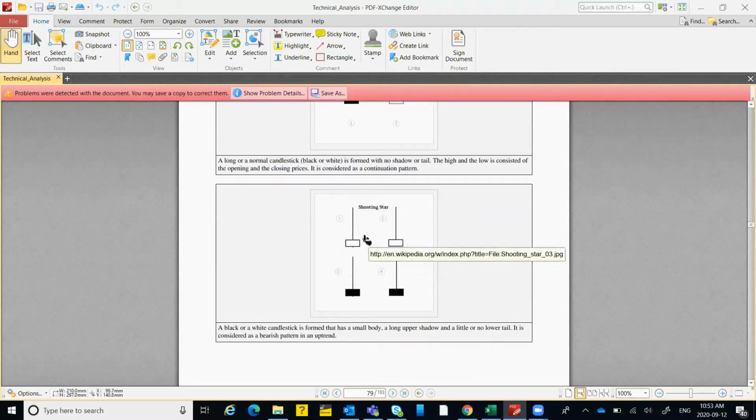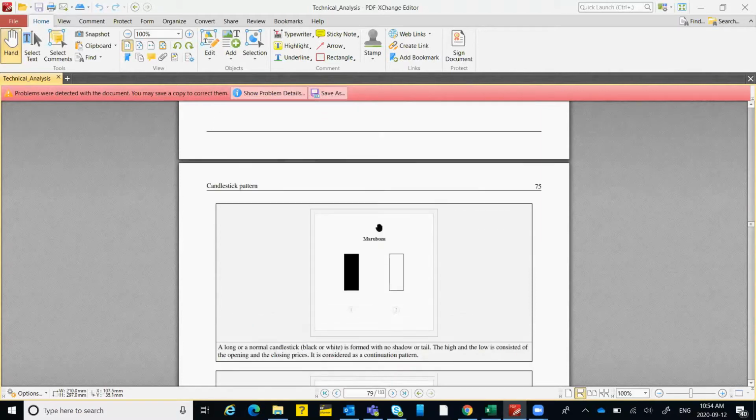The reason we call it a shooting star and not an inverted hammer is that the inverted hammer is normally formed at the bottom of a trend. The shooting star is formed in an uptrend, similar to the hanging man. The hanging man was formed in an uptrend, so is the shooting star. So this means that there is an upside price rejection, and this will be a bearish pattern in an uptrend. I will take you back to the hanging man.